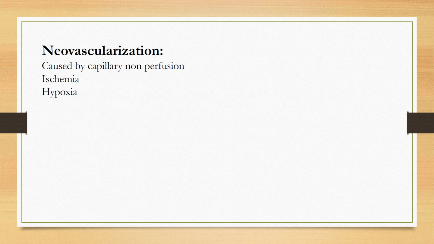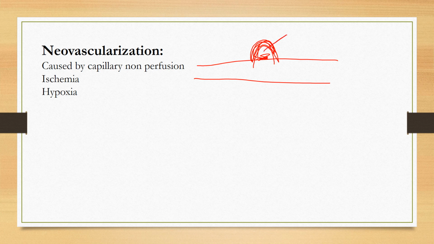Once a microaneurysm ruptures, what will happen is neovascularization. Just consider, as I said before, there is a thinning out of a pericyte, and that leads to a microaneurysm. When the microaneurysm ruptures, it releases blood.